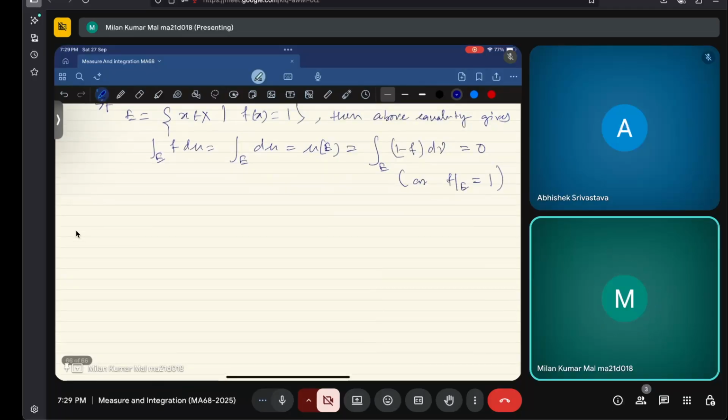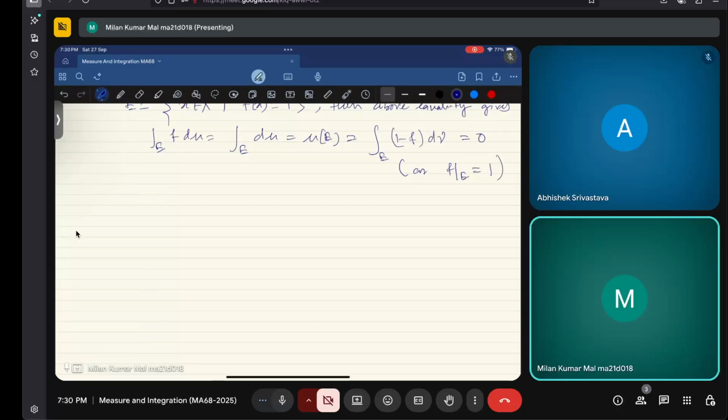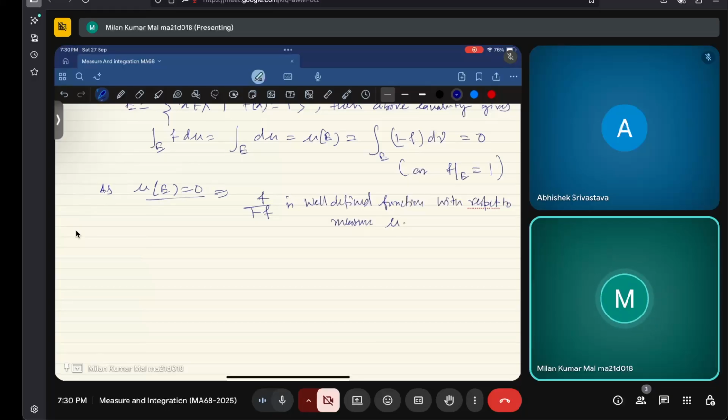Therefore, as the set E where f equals 1 has measure 0, this gives that f by (1 minus f) is a well defined function with respect to the measure mu, because the set where 1 minus f is 0 has measure 0.